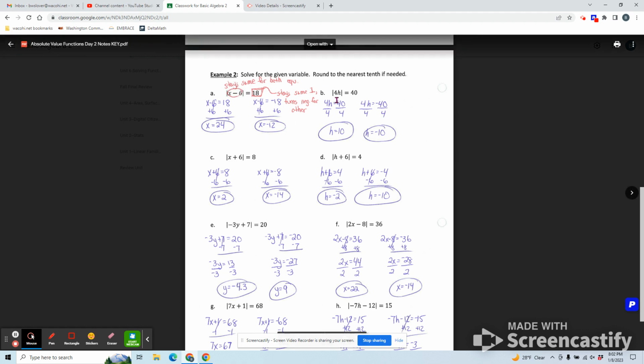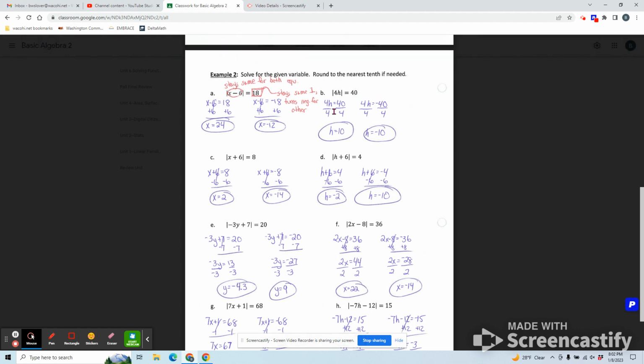Okay, let's try another one. Take what's inside the absolute value. It stays the same, 4h equals 40. And since this is the second equation, this is positive, so this has to be negative. Divide both sides by 4. H is 10, and h is negative 10.